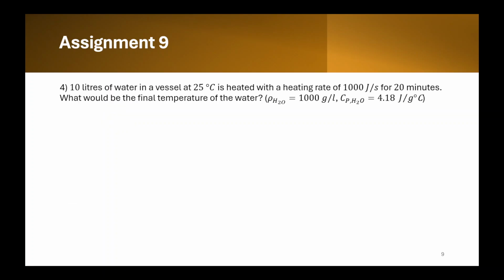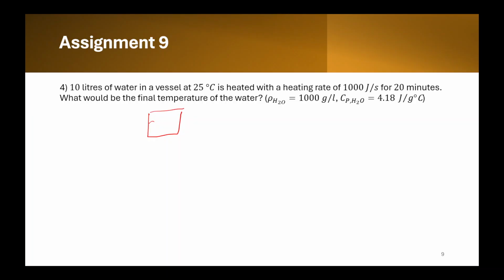Next question. 10 liters of water in a vessel at 25 degrees Celsius is heated with a heating rate of 1000 joules per second for 20 minutes. What would be the final temperature of the water? Suppose this is a system.